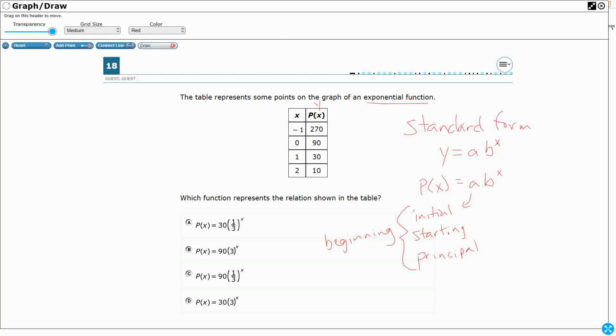A lot of times when we deal with exponential functions, we get a word problem or a verbal description. There's not really anything in here except for this table. So where can we find our beginning, initial, or starting value? Think of it as if it were a graph for a quadratic function instead.